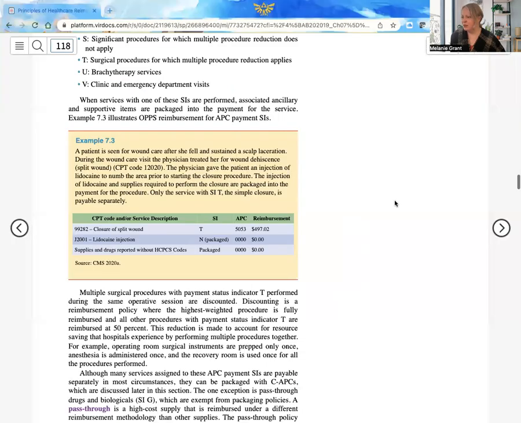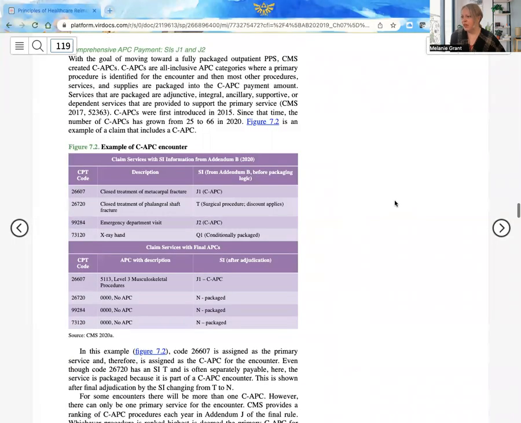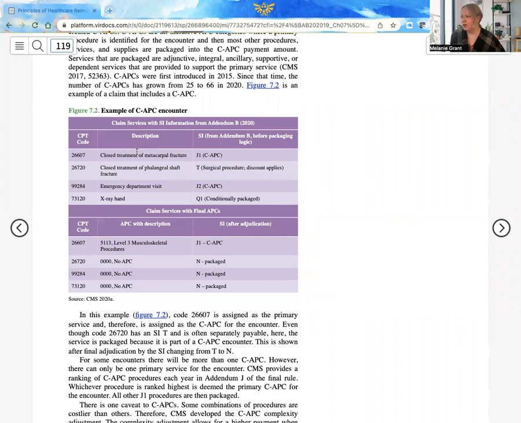To give us an example of this, we have here a patient with various status indicators, and you can see here a claim service with status indicator information from Addendum B for a patient who comes in for a closed treatment of a metacarpal fracture. That's going to be your J1, your king of all status indicators. That's the main service.